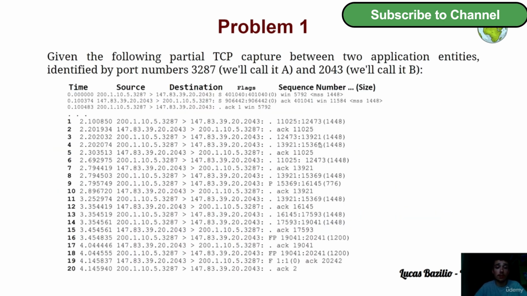If we analyze this sequence, we see that neither application A nor application B has a port in this range. Both have a port greater or equal to 1024. So this is false.